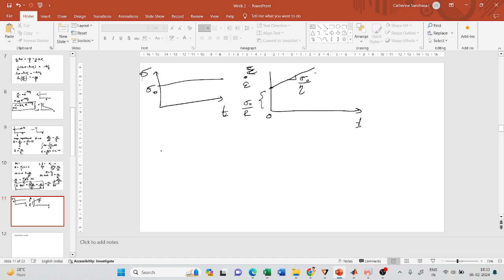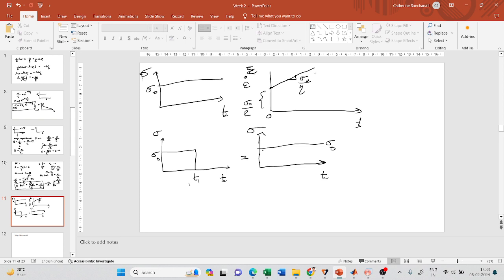This is the response when I'm subjecting it to a constant stress. Now let us say that at time t1, I am going to remove this stress. How will you represent this? You know that using the principle of superposition, I can split this into two. One, I subject the material to a stress sigma naught for the entire duration.